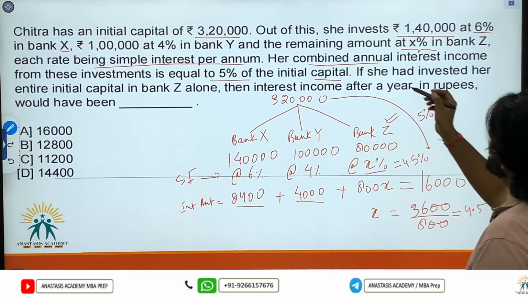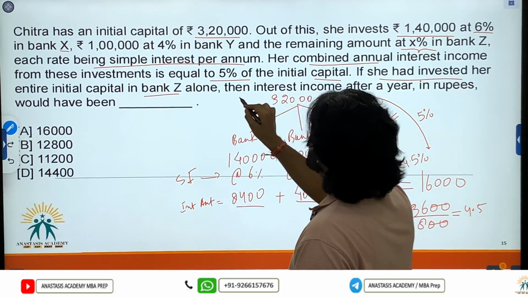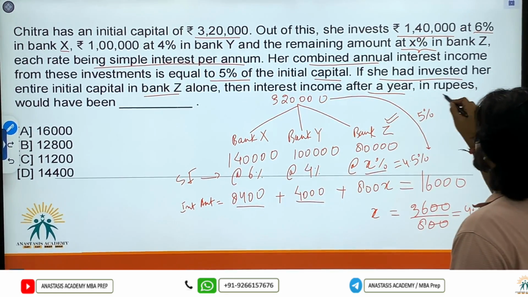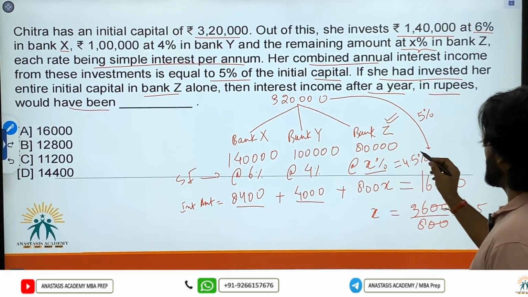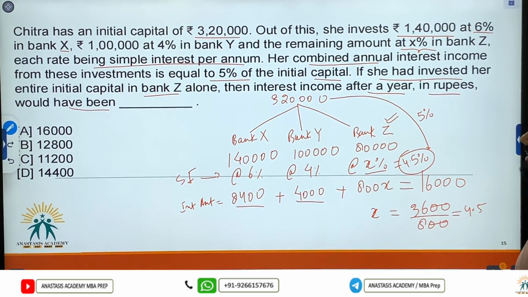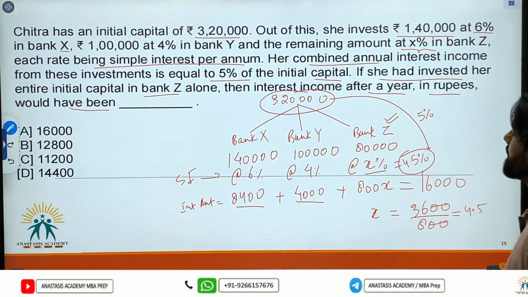Now what is asked? If she had invested her entire capital in Bank Z alone, then the interest income after a year in rupees would have been, right? So at this rate of interest, the interest charge on the entire amount would be how much?